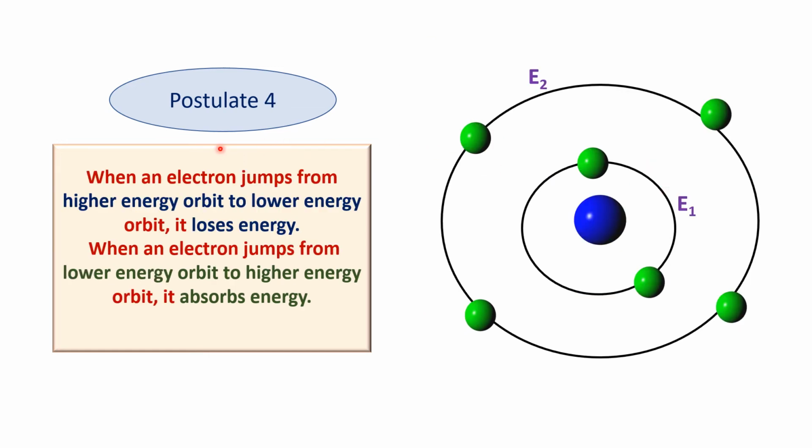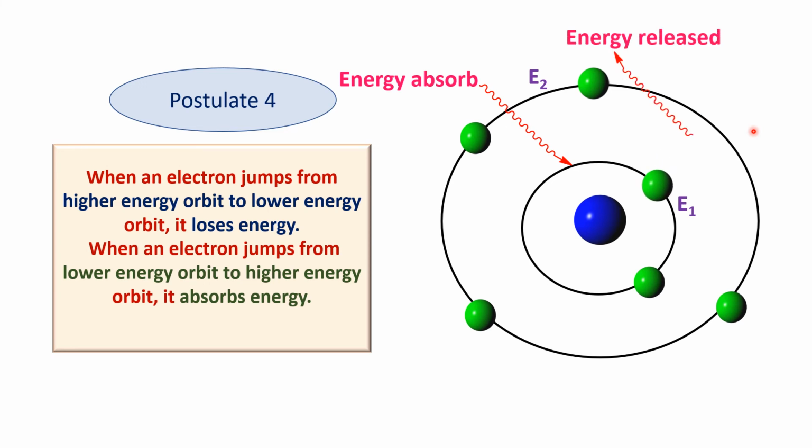Postulate 4 is about the energy change of the electron. The electron in the lower energy level E1 absorbs energy and goes to the higher energy level E2. The electron in the higher energy level comes to the lower energy level with the emission of energy, which means the energy is released.